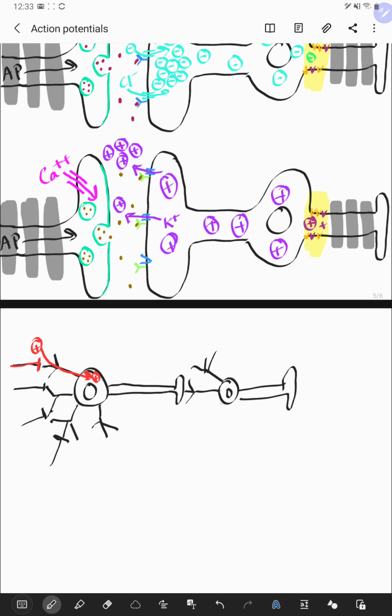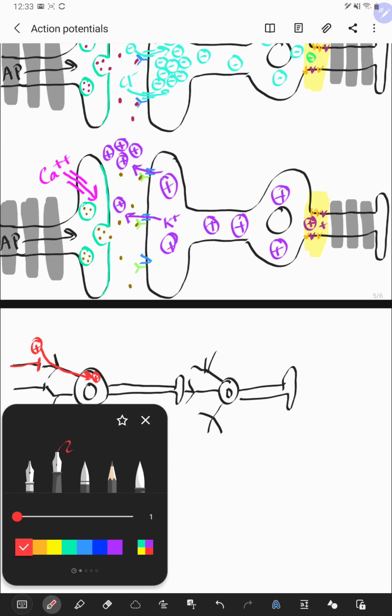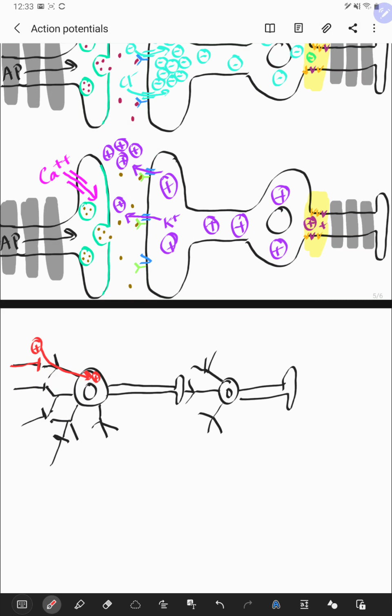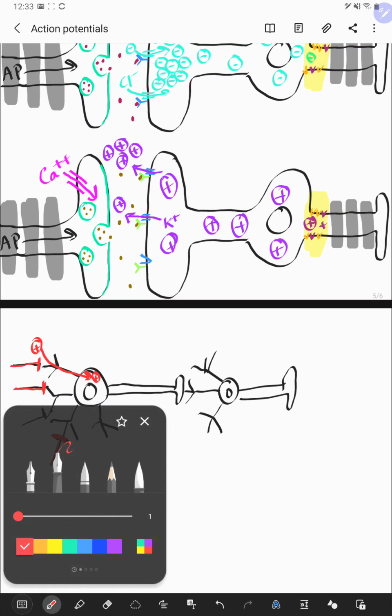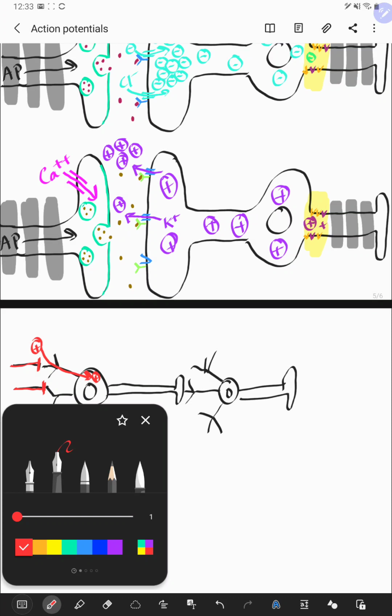Again, we might have an excitatory response from some of the dendrites. We could even draw multiple ones. Maybe these are all excitatory responses, but we could have an inhibitory response at the same time.